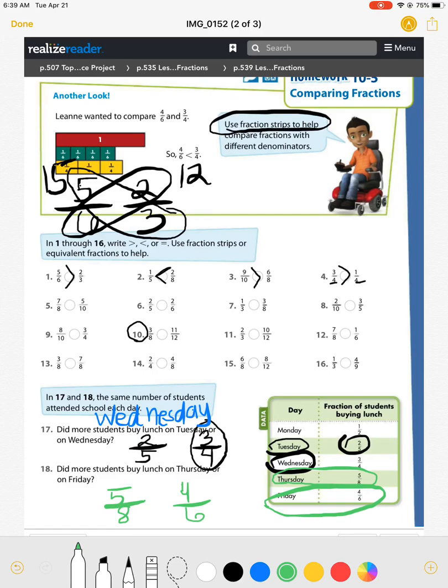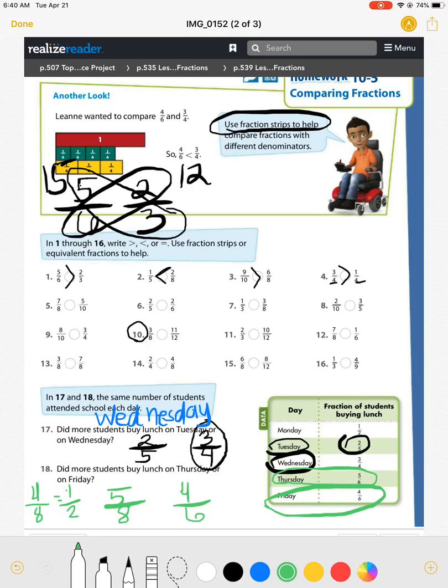So these look like fairly similar fractions. So let's think about it. 5/8. What is half of 8? Half of 8 would be 4. So 4/8 is equal to 1/2. So 5/8, that's a little bit bigger than 1/2.